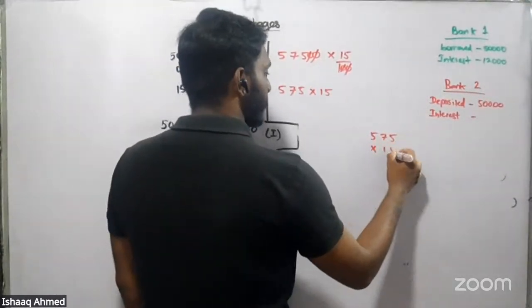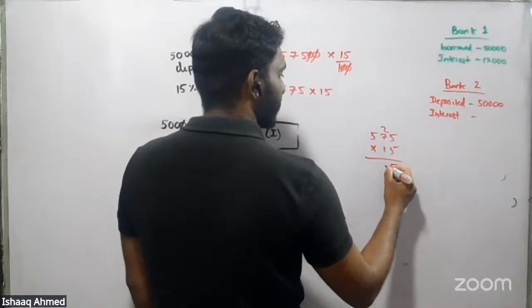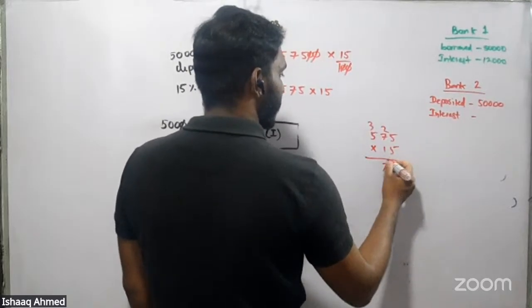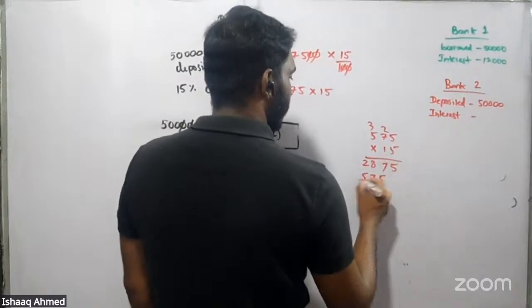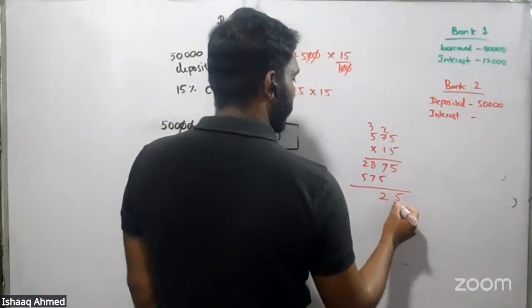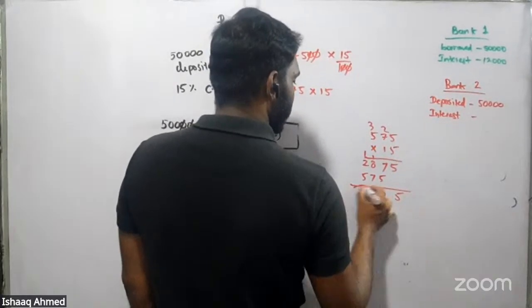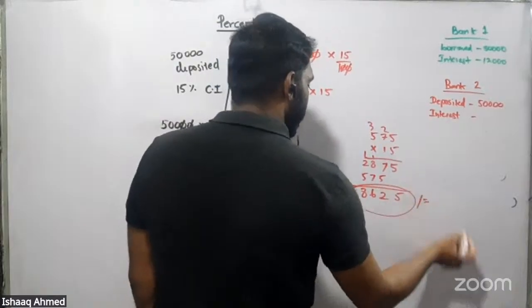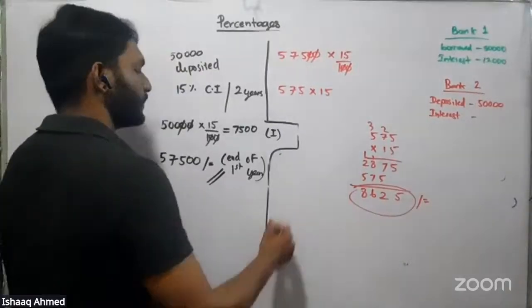My brain is not working right now. 5 into 7, 35, 37, 3, 5 into 5, 25, 28, and 5, 7, 5. 5, 2, 6, 8. 8,625 is the second year's interest.